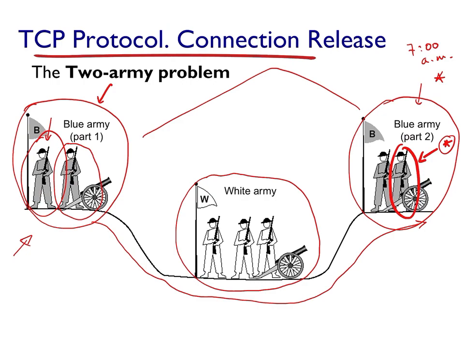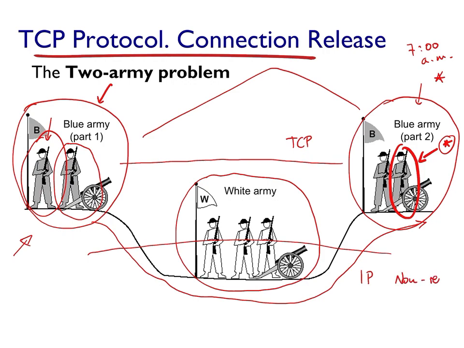So it's a problem that can be extrapolated to computer networks. So in this case, this layer is TCP and this layer is UDP. Sorry, it is IP. IP, TCP. IP is non-reliable.